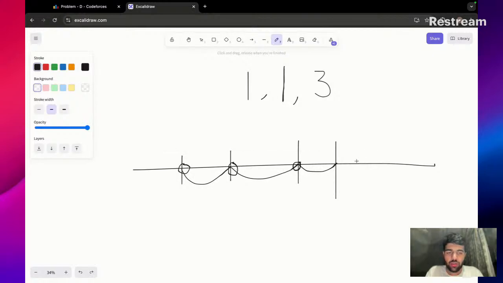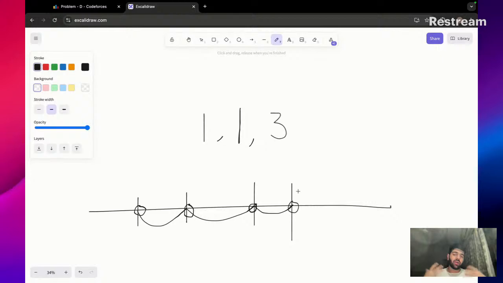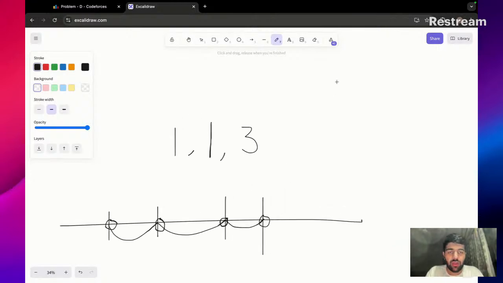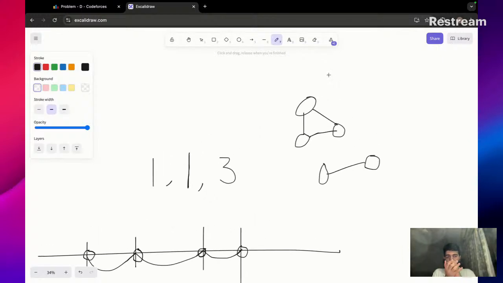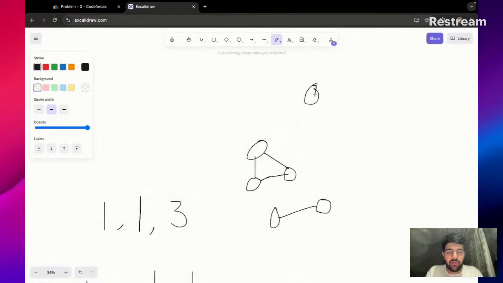So I just need to make the edge till the next value and check the number of connected components. And how do I check the number of connected components in a graph? So let's say I have a graph of this sort, and in a DFS, if let's say I have this as a graph, right?